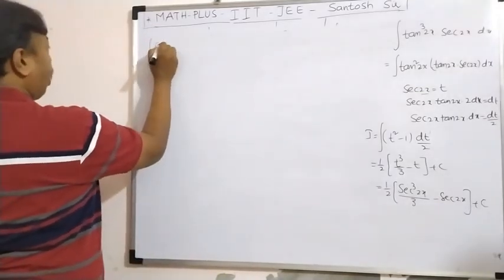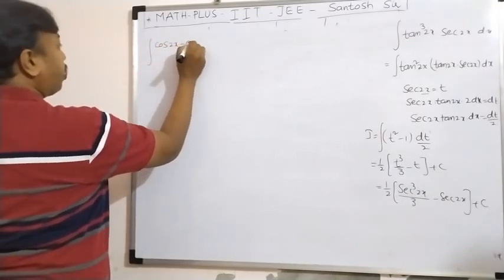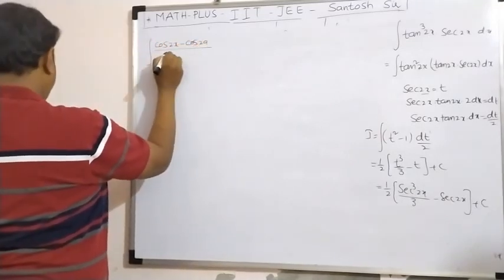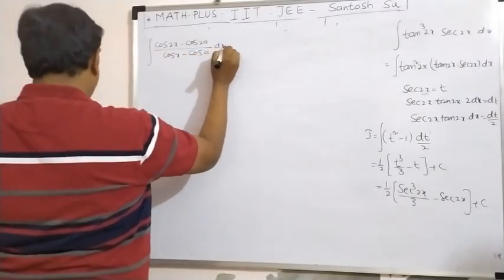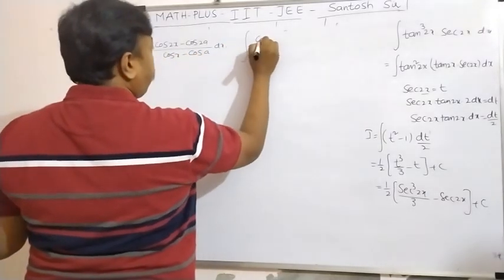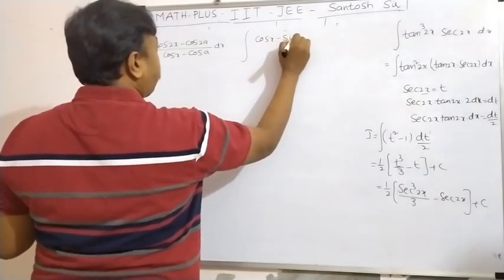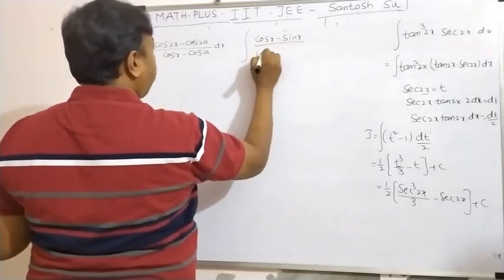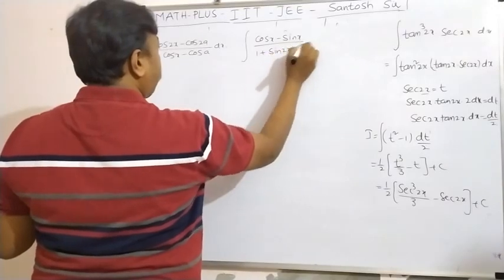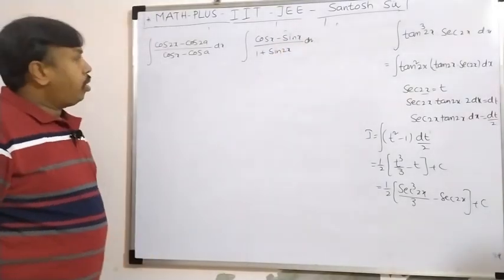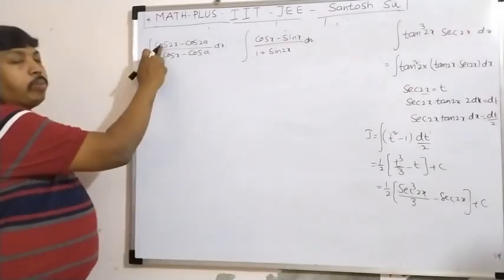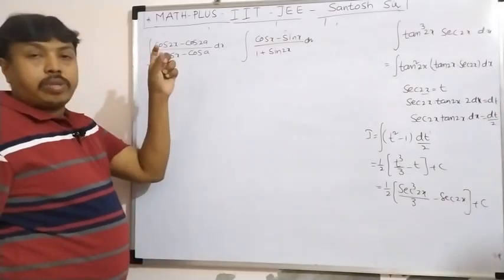Integration of (cos 2x minus cos 2a) upon (cos x minus cos a) dx. Integration of (cos x minus sin x) upon (1 plus sin 2x) dx. Now see, here in the numerator there is a function in terms of 2a.